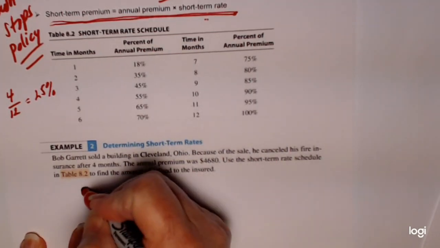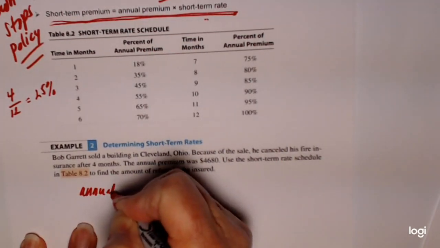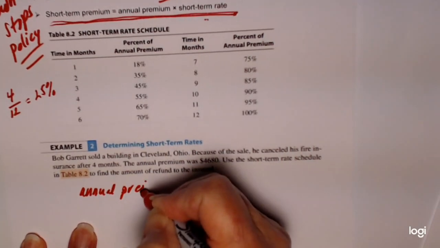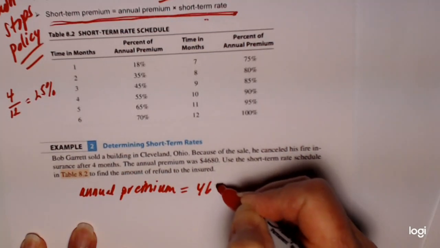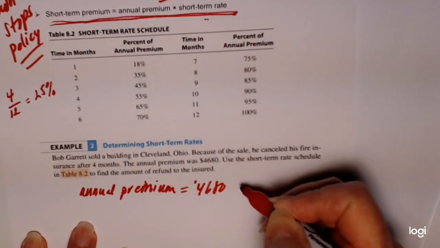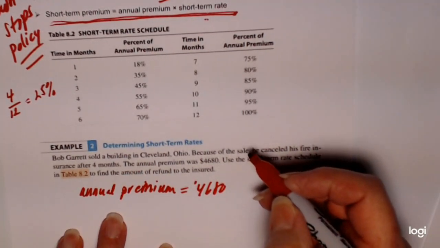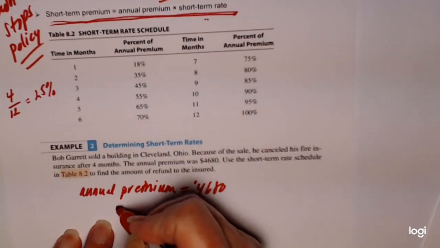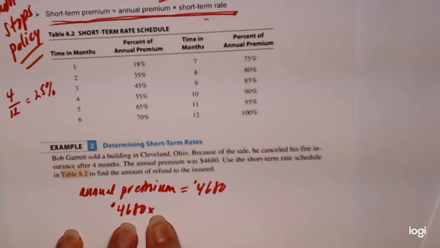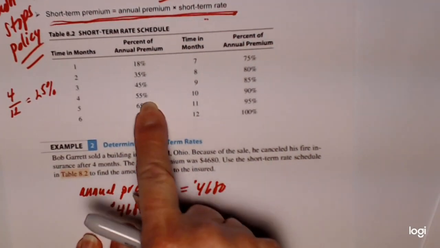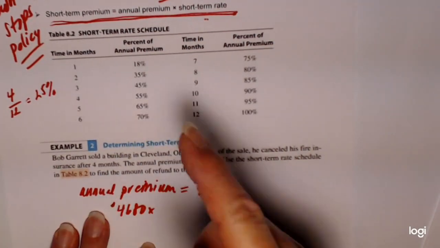So the annual premium is $4,680, and now we are going to multiply this 4,680 by the factor here, which is 55%.